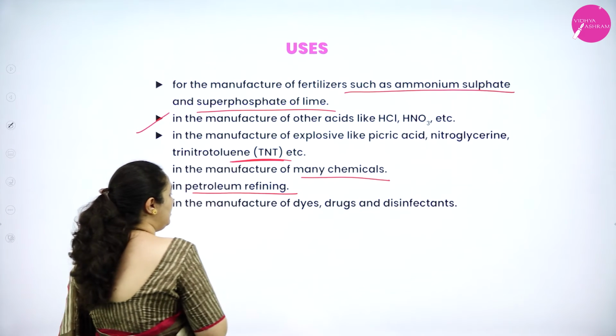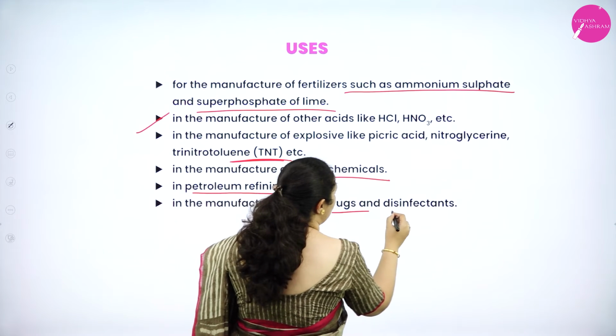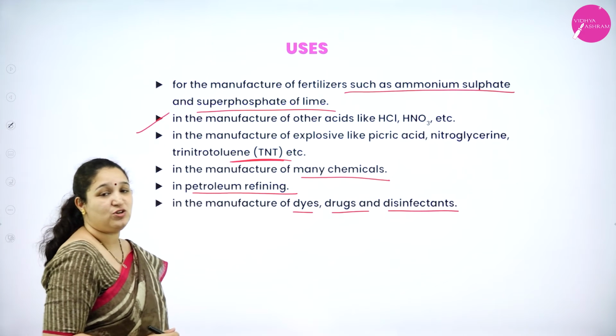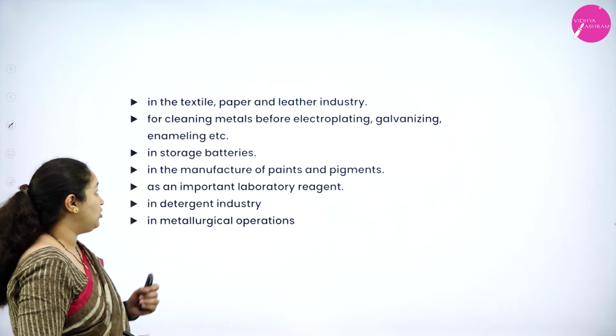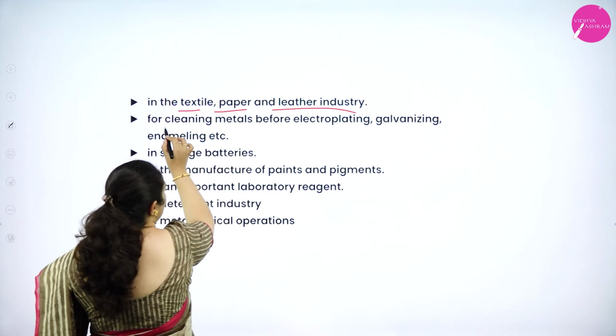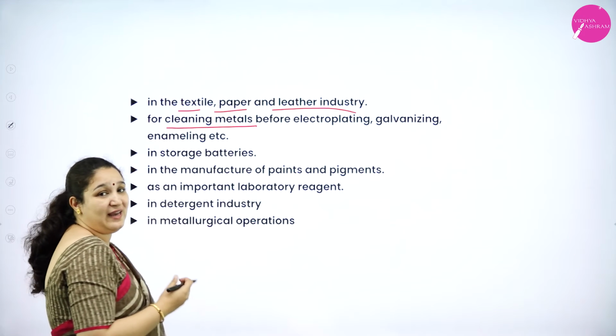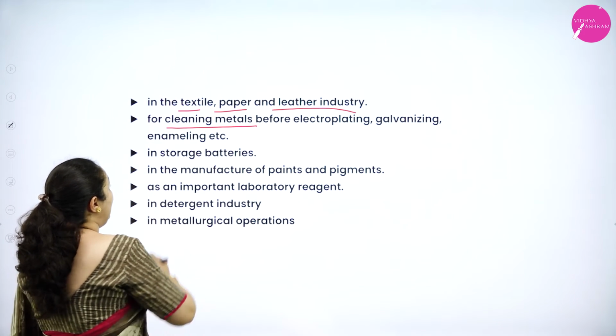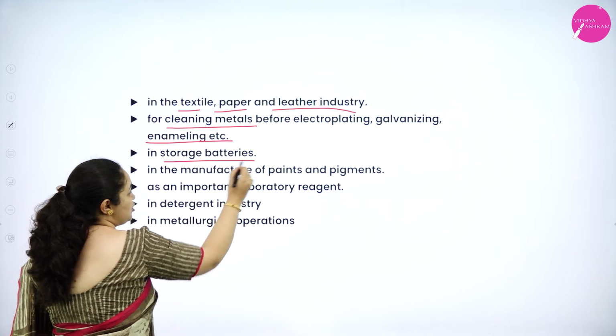It is used in petroleum refining. It is used in dyes, drugs, and in manufacture of disinfectants also. Not only that, it is used in the textile industry, paper, and leather industry. It's used for cleaning metals for electroplating, galvanizing, enameling, etc. It is used in storage batteries.